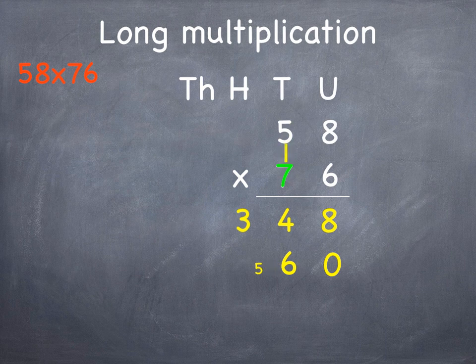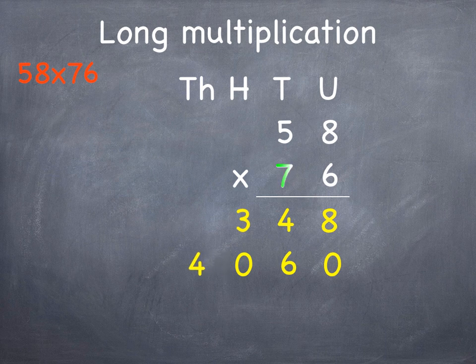Next, 7 times 5 is 35. Add in the 5 that's already there to give 40. So I keep the 0 and the 4 slides along to the thousands.